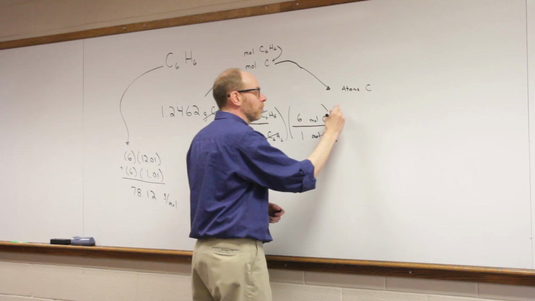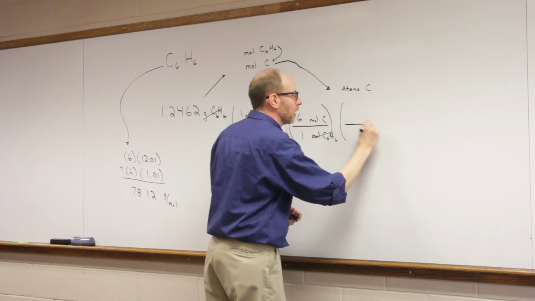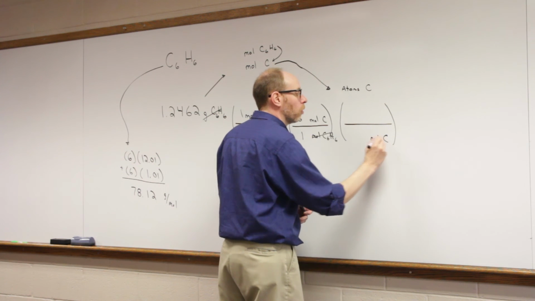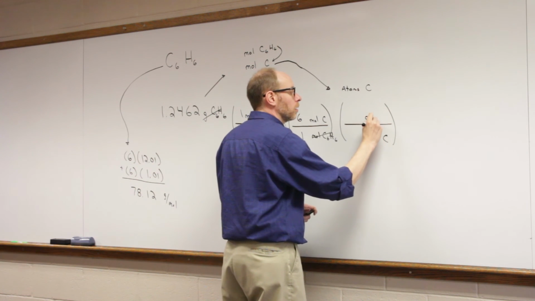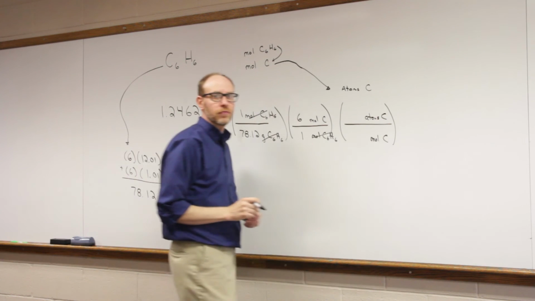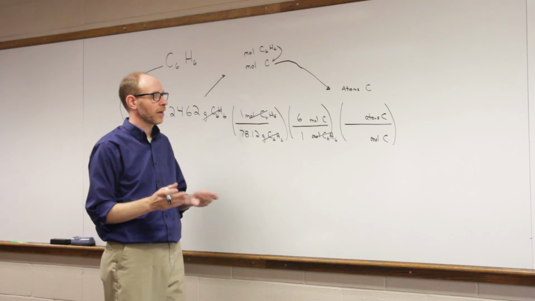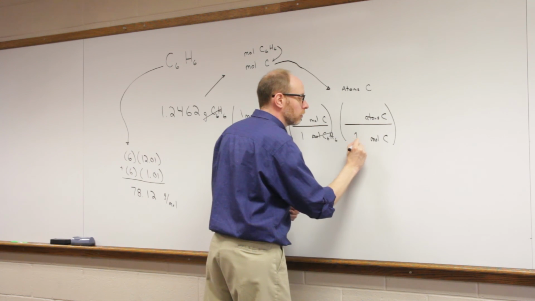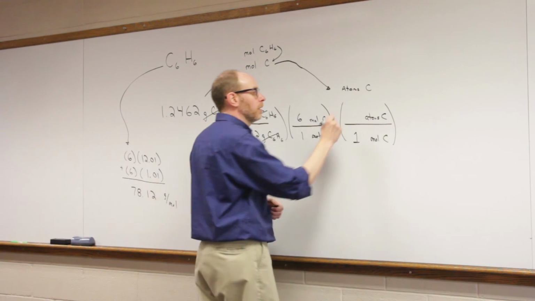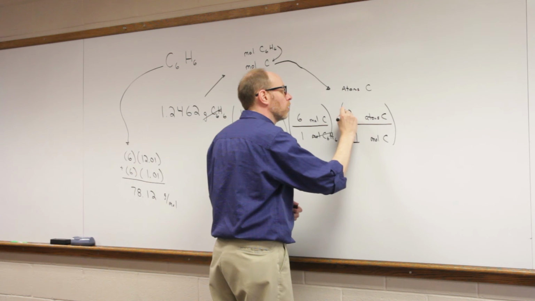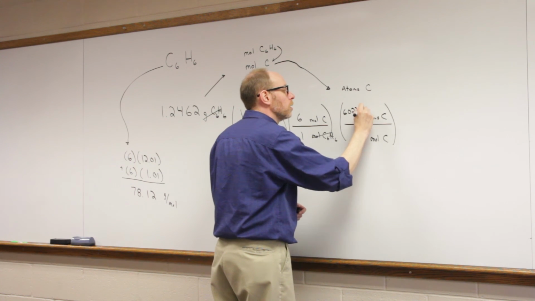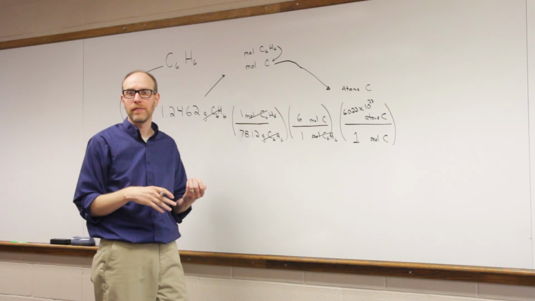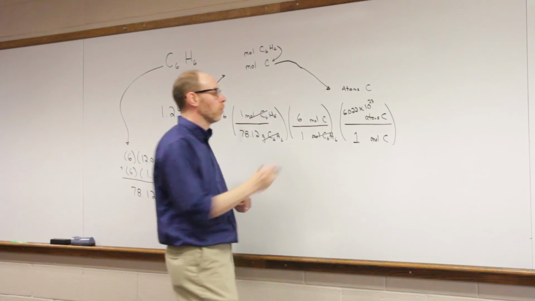Not what I want. I want to know how many atoms. So I still need that last step that's going to convert between moles of carbon and atoms of carbon. So I need to have that conversion. This is all going to come down to the definition of the mole. 1 mole of carbon is 6.022 times 10 to the 23rd, Avogadro's number, the number of atoms of carbon that are in 1 mole.